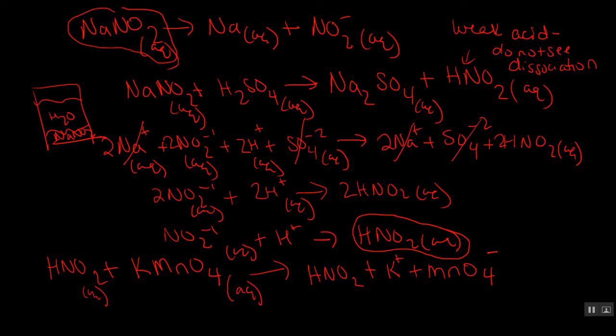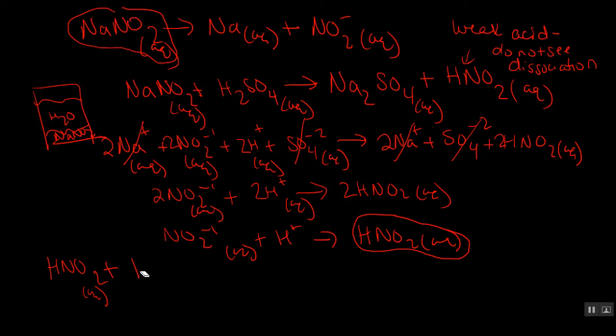By adding this KMnO4 to solution, all we're really getting is that nitrous acid and the potassium and the permanganate. Now, let's talk about what actually happens, because we're not producing these things as products. If we want to picture what's going on, we need to take a step back and realize that this potassium permanganate is in solution.